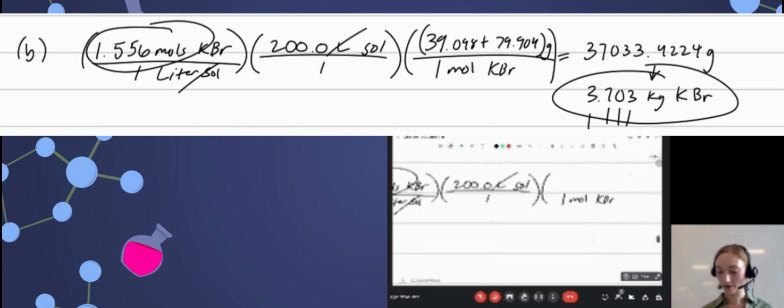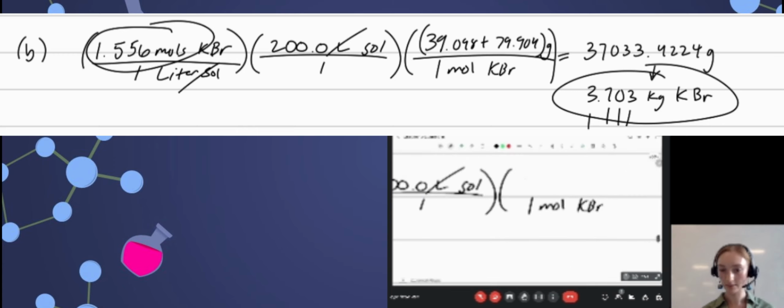And then we have, sorry, let's see if this is a little bit better to see. We will have a molar mass of 39.98 plus 79.904. That's the molar mass of KBr.